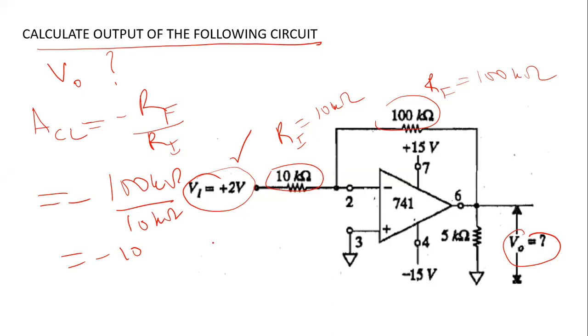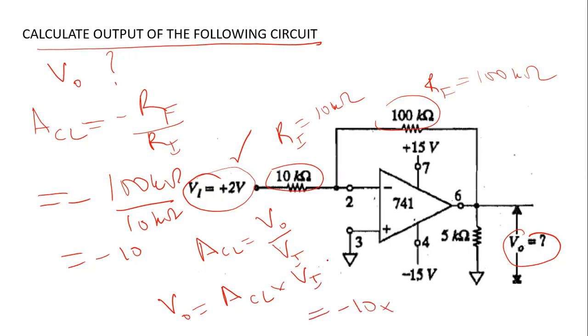So your closed loop gain formula is output voltage upon input voltage. So output voltage will be the closed loop gain into input voltage. So minus of 10 into VI, which is plus of 2 volt. So this is minus of 20 volt. Okay. So the output voltage is supposed to be minus of 20 volt.